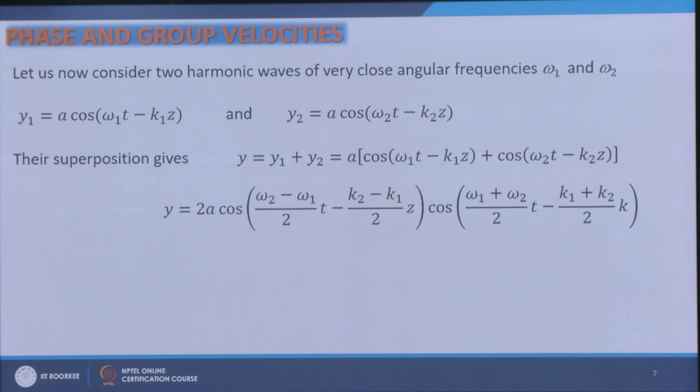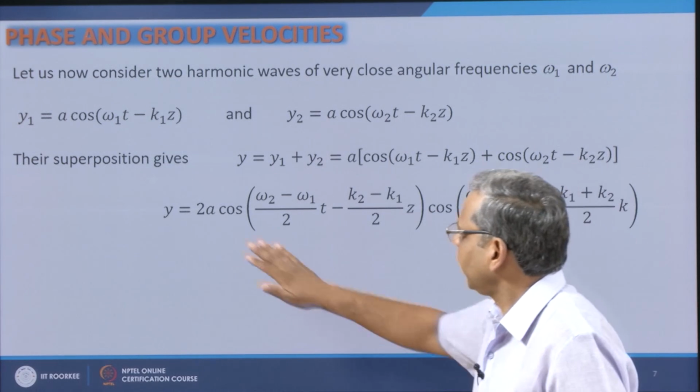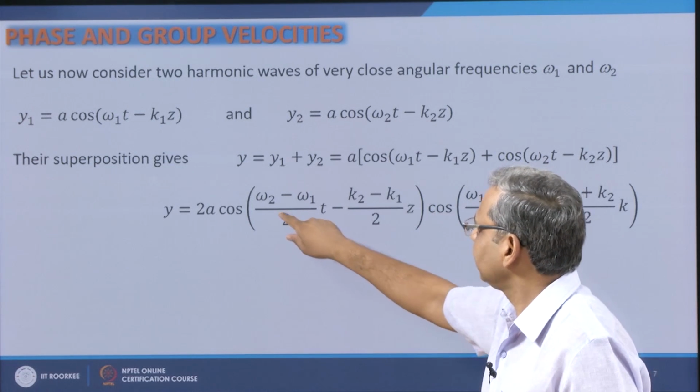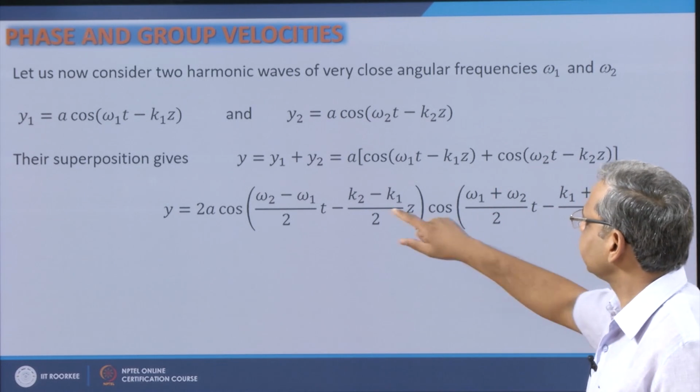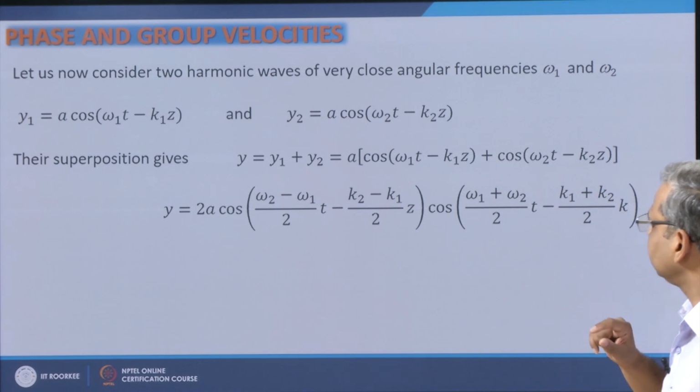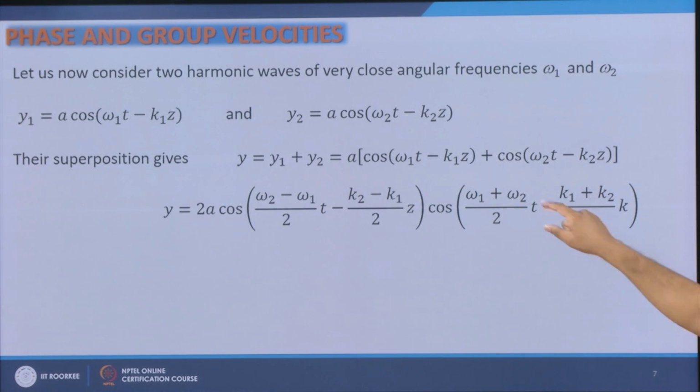and if I simplify this, what do I get? I get y is equal to 2a cosine omega 2 minus omega 1 by 2 t minus k 2 minus k 1 by 2 z times cosine of omega 1 plus omega 2 by 2 t minus k 1 plus k 2 by 2 z.